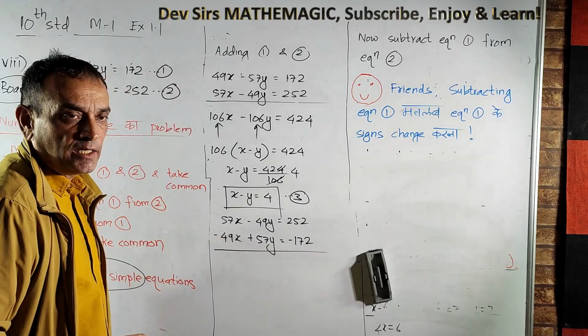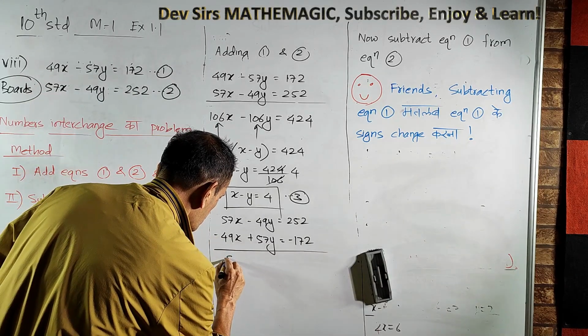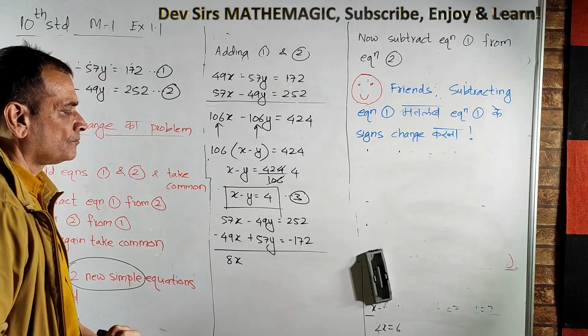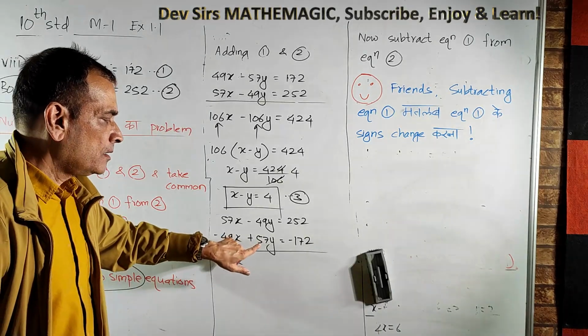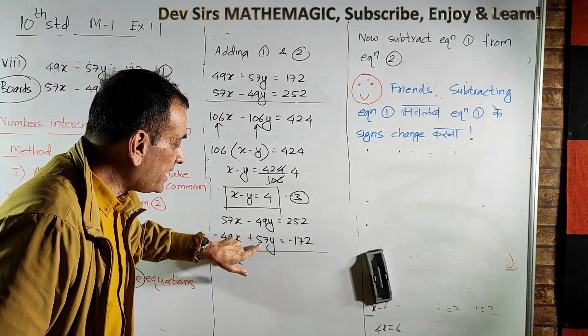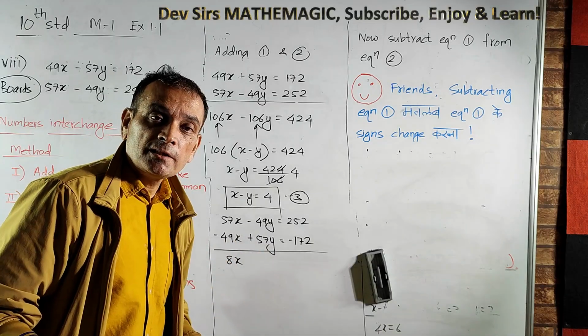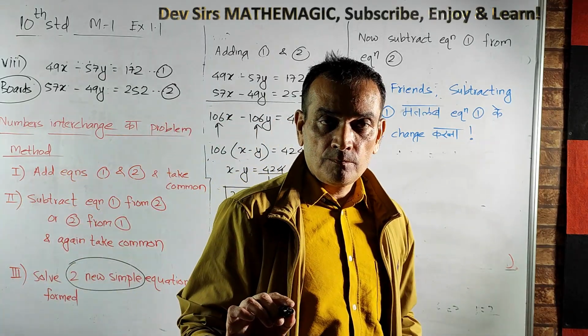57 minus 49. Be careful. Minus 49 plus 57. Don't write minus 8y by mistake.